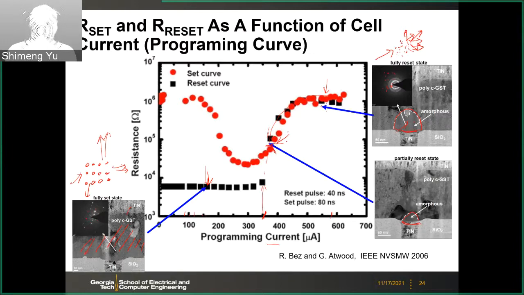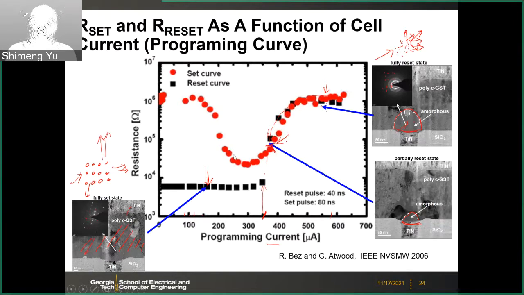storage. So this is the reset curve, and then the set curve, if you start with the amorphous state, the red one, so as you increase the current, all those points are measured after this kind of pulse. If you increase the current amplitude, then the resistance will gradually decrease.